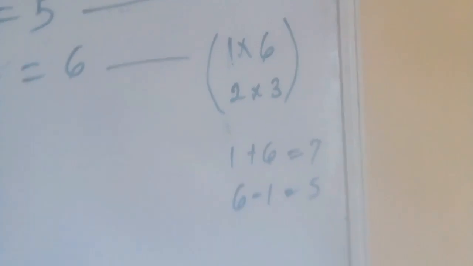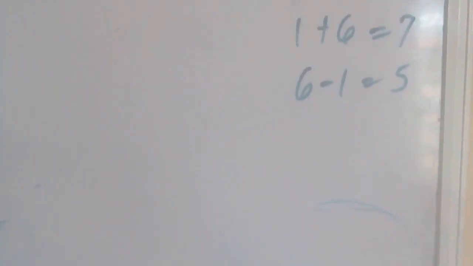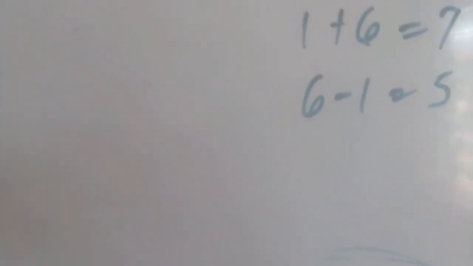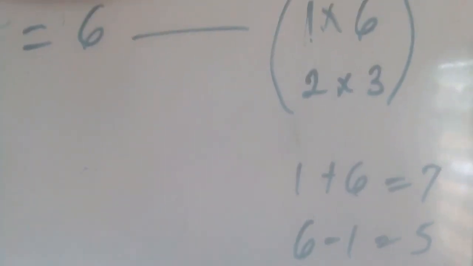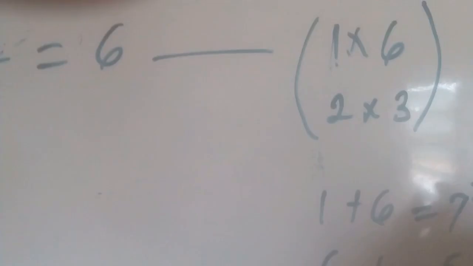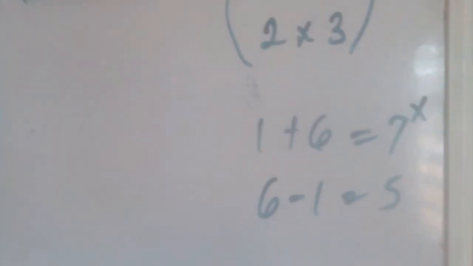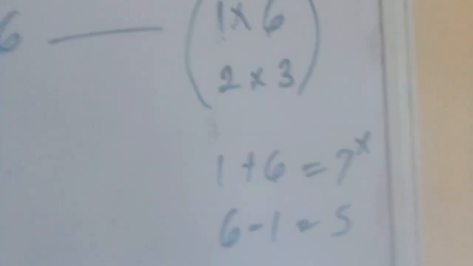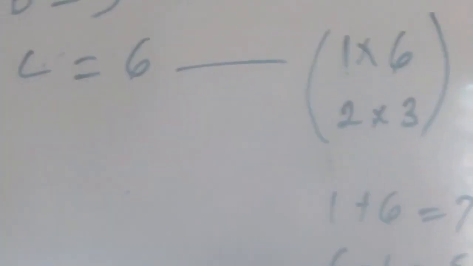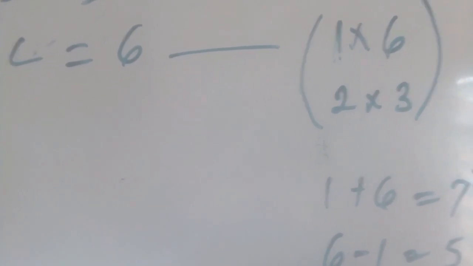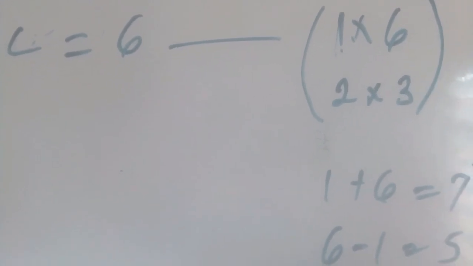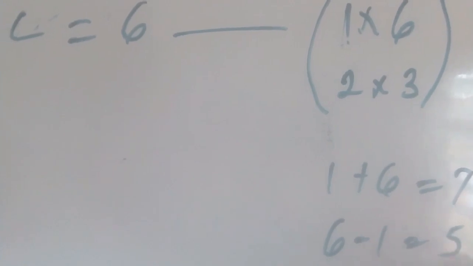Right? So in this case, this one is not giving us a sum of 5, while for this one, one number is plus and the other number is minus, so the product will give us minus 6.